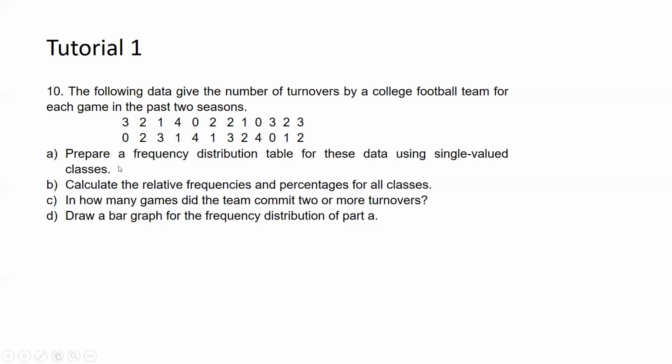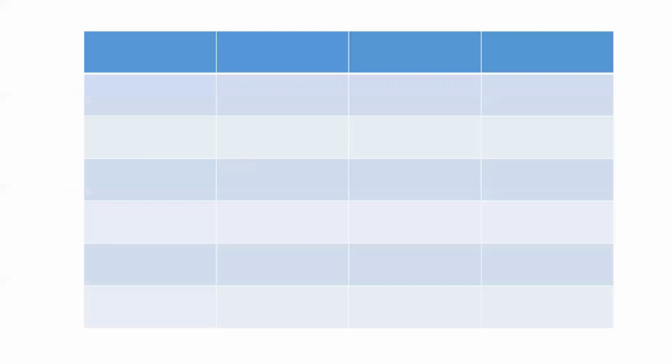Therefore, in order to develop a frequency distribution table, first we need to group this data according to the turnover classes. As you can see, this is your table, and I'm going to show you how to cluster these into groups. Your first column will be the turnovers.